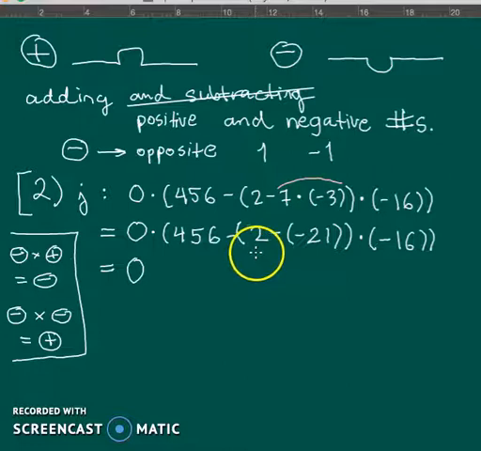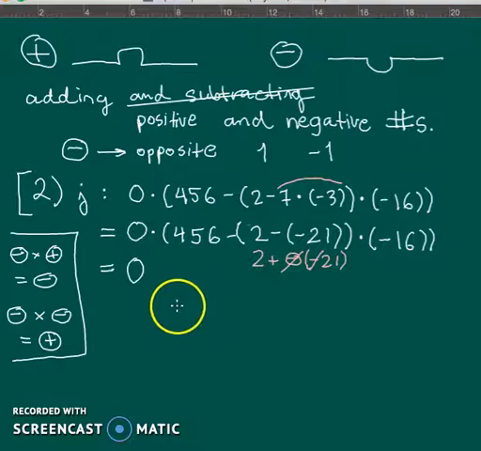So instead of saying 2 minus negative 21, I'm going to be thinking of this in terms of 2 plus the opposite of negative 21. And what do we know is the opposite of a negative? Well, it's a positive. So I'm going to cross out both of those negative signs, and then I just have 2 plus 21.